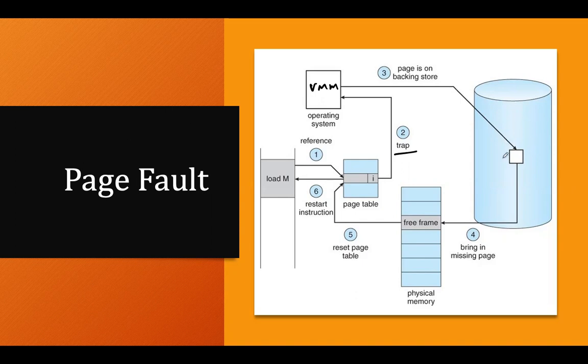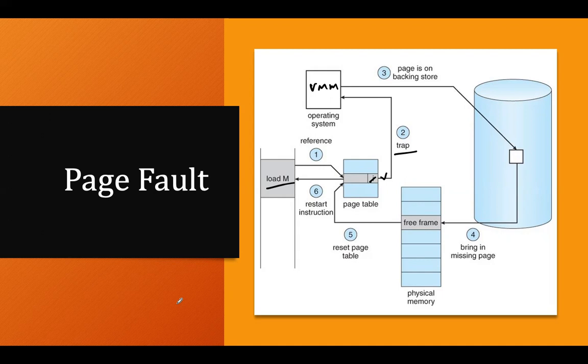The device controller gets into the disk, brings the missing page into the physical memory and puts it into a free frame. Then the page table is updated, invalid is changed to valid, and the restart instruction is given to the CPU. This is what is done in a page fault. So whenever a page fault occurs, the whole process is carried out.